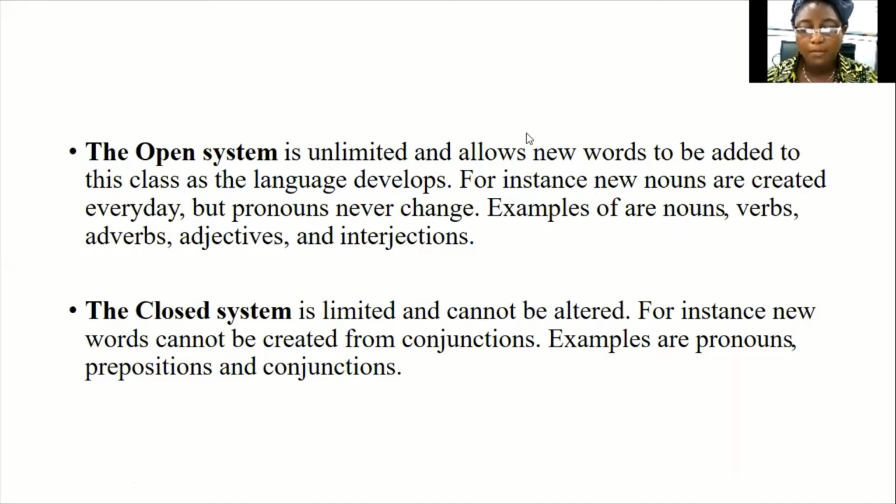But the closed system is limited and cannot be altered. For instance, new words cannot be created from this part of speech. Examples of the open system: we have the nouns, the verbs, adverbs, adjectives, and interjections. In the closed system, we have pronouns, prepositions, and conjunctions.